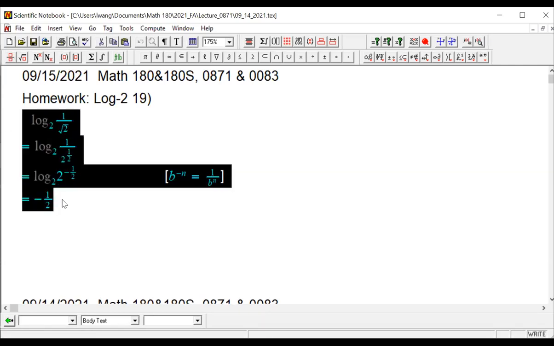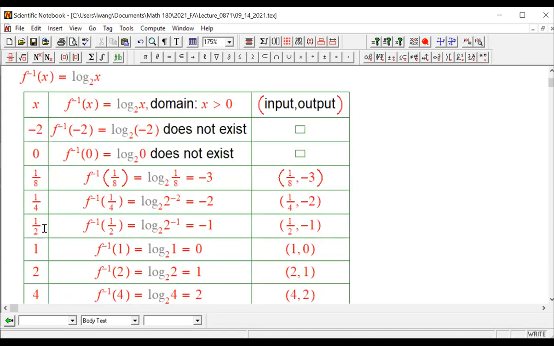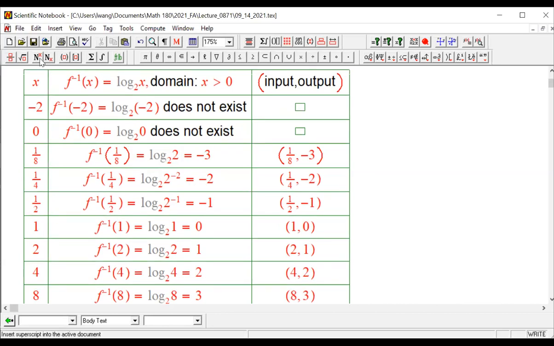Okay, so I'm going to bring this to what we had seen yesterday. Yesterday, what did we do? Log base 2 of 1/8 is written as log base 2 of 2 to the power of negative 3, right? 2 to the power of negative 2, and the answer is just negative 3, negative 2, and so on and so forth.